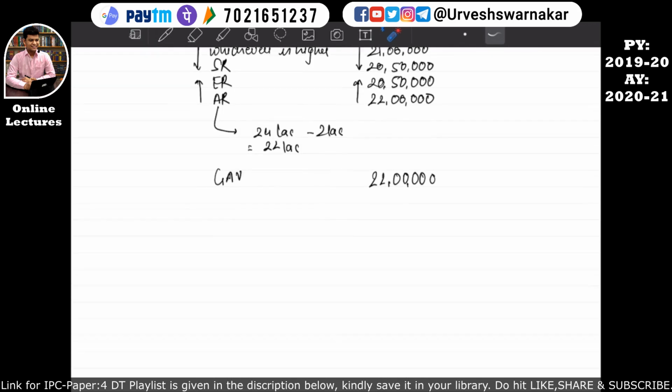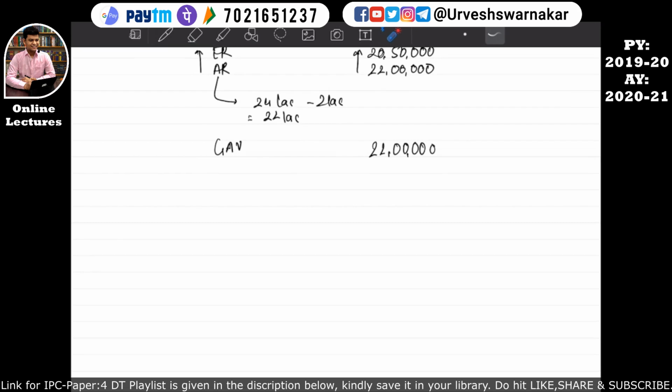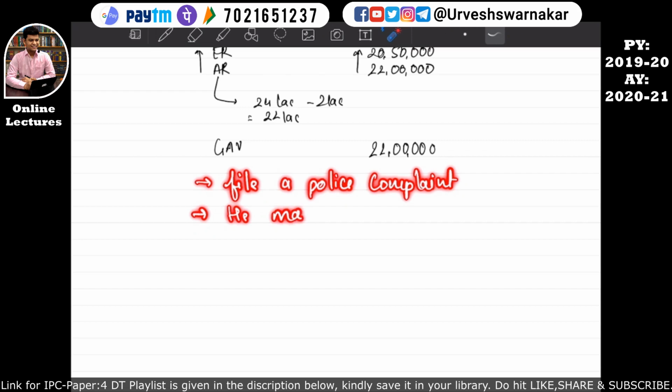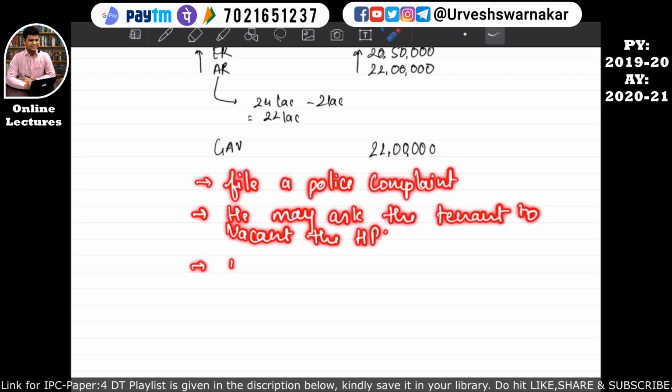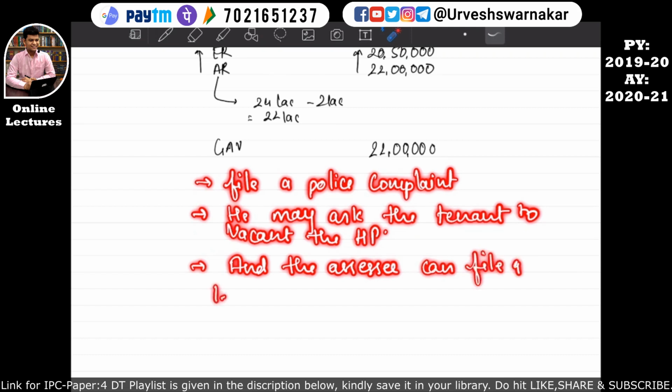Simply, if the tenant is not giving him rent, he can file a police complaint, or he may ask the tenant to vacate the house property, and the assessee can file a legal case against the tenant.